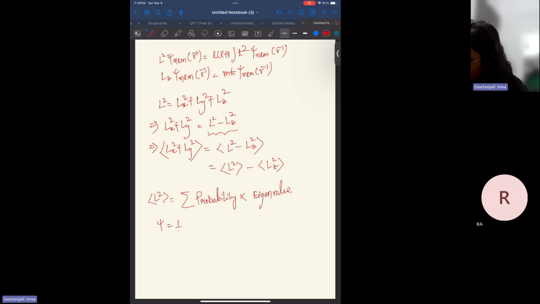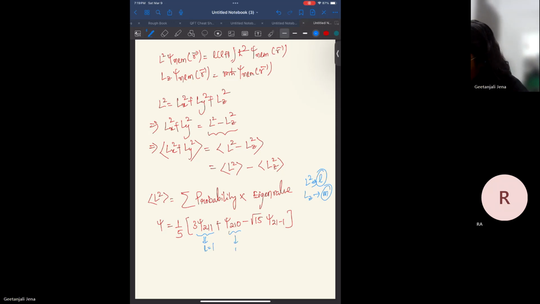So the superposed state is 1 by 5 of 3 psi 211 plus psi 210 minus root 15 psi 21 minus 1. So if you see this one, for L square, what you have to find out? L. For Lz, you have to find out M. So let's see the value of L. Here L is 1. Here also L is 1. Right? Means everywhere, for every eigenstate, it is 1.